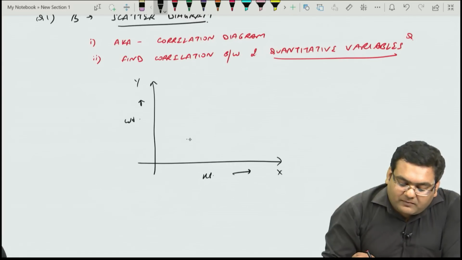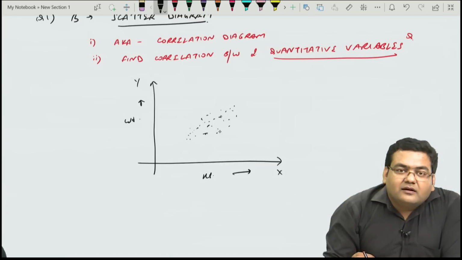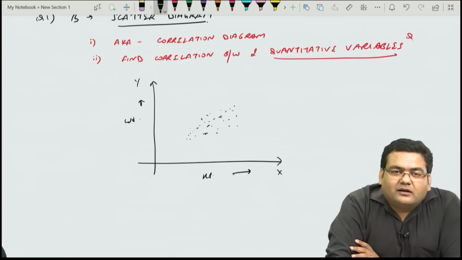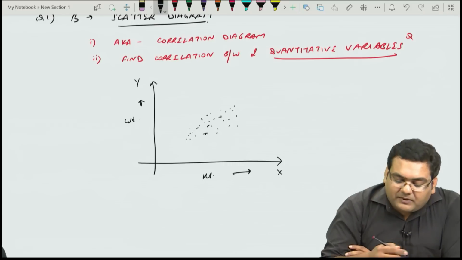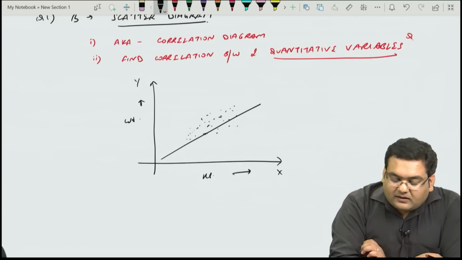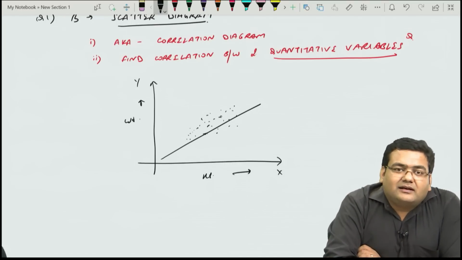So when we plot multiple points, we get a graph like this, with some values which are scattered all around. And when we draw an imaginary line passing through it, we see that it comes out to be a nearly straight line. So what do we infer from this graph?